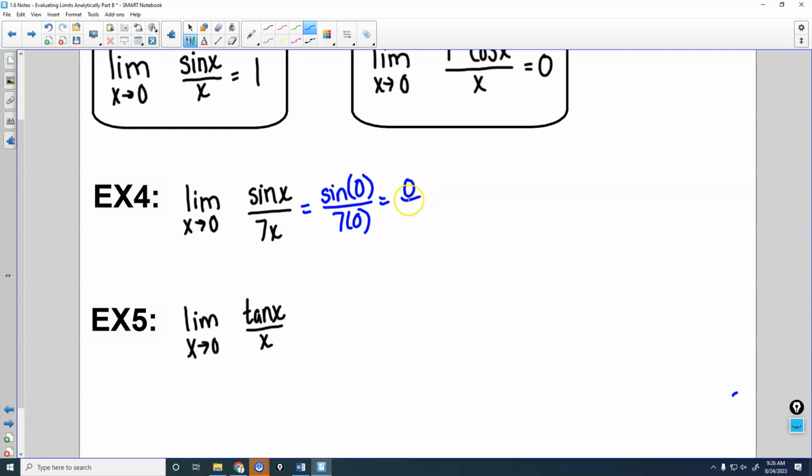Is 0. 7 times 0 is 0. We can't use direct substitution on this. Just like the other problems, you want to try direct substitution every time. It doesn't work here. So, here is what we are going to do. When I have the limit as x approaches 0 of sine x over 7x, can I write it like this?